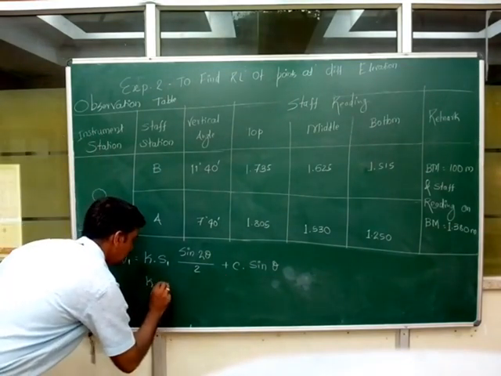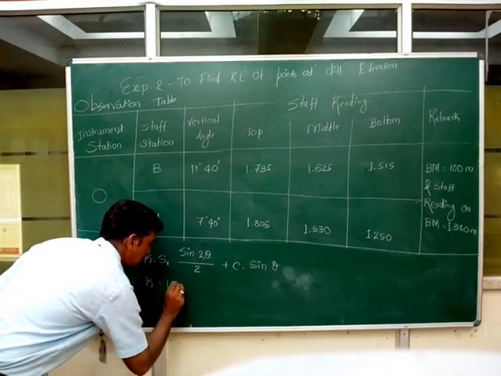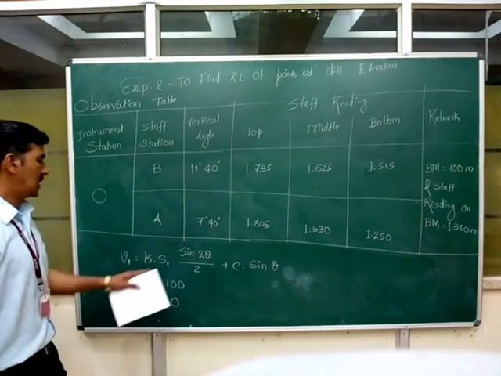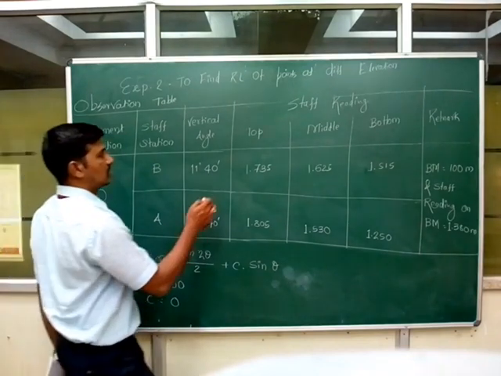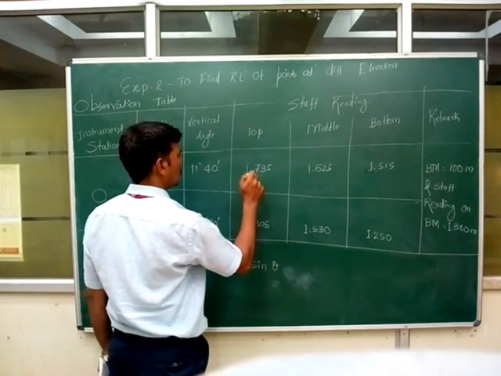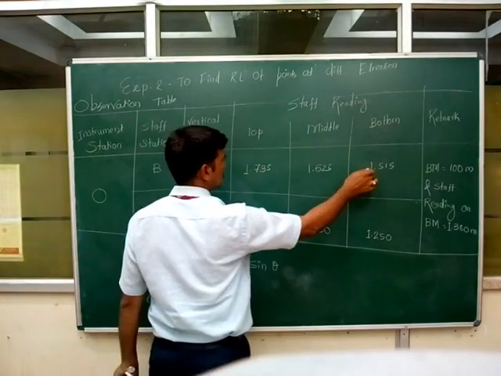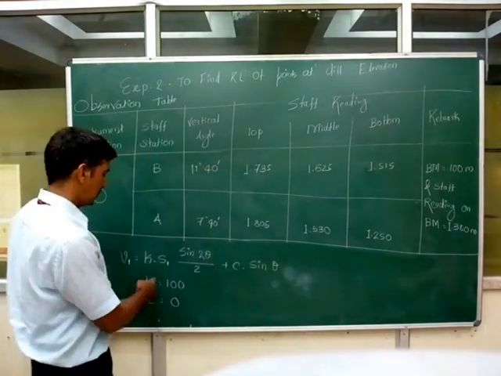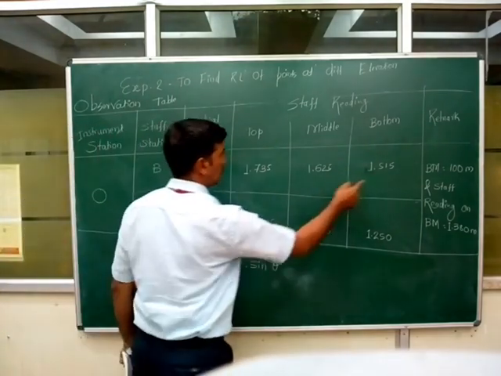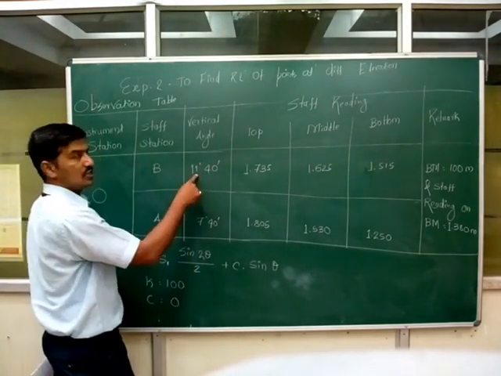So in the previous experiment we have calculated K as 100, C as 0. S1 is nothing but the first staff intercept. So you have to take 1.735 minus 1.515, you will get S1. Theta will be the vertical angle for case number 1.